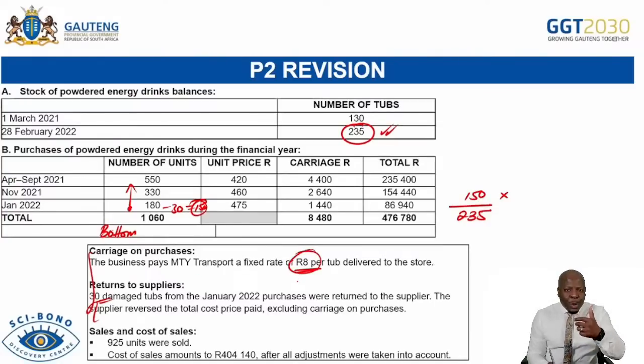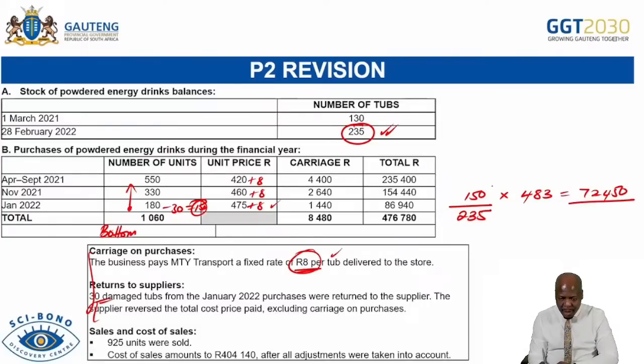I always want to encourage you that once you read that, come here and say plus 8, plus 8, plus 8, so that you don't forget to add the carriage. It becomes easy this way. Multiply by 483. You have added this one here. And then you punch that in your calculator. That should give you 72,450. Let's come to the next one now.